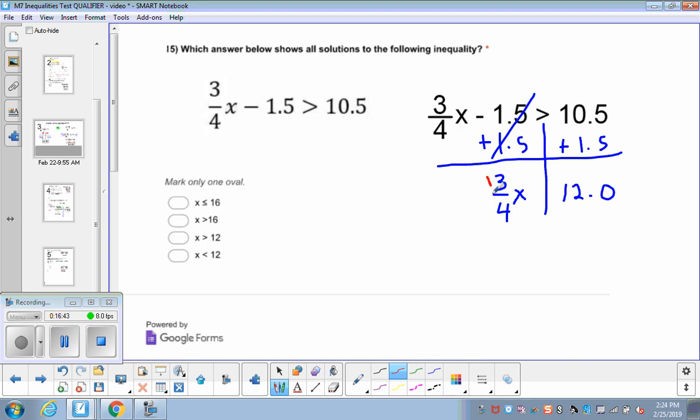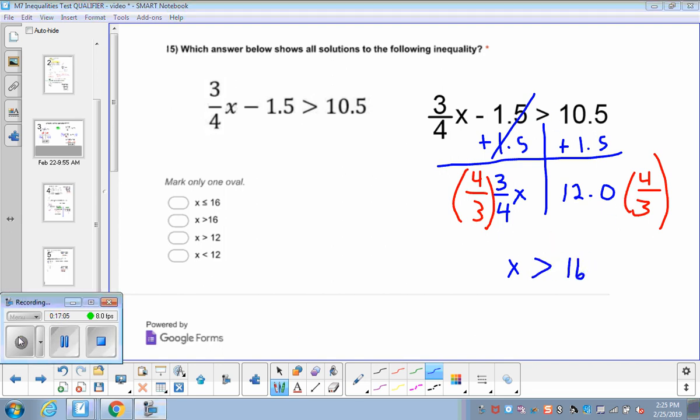So now over here, we're going to multiply both sides by the reciprocal to make the coefficient a 1. Now that the coefficient is a 1, x is all by itself, and over here we're going to do times 4/3. So 12 divided by 3 is 4, times 4 would be 16. It was not a negative, so I do not flip the symbol. So x has to be greater than 16, which is this one.